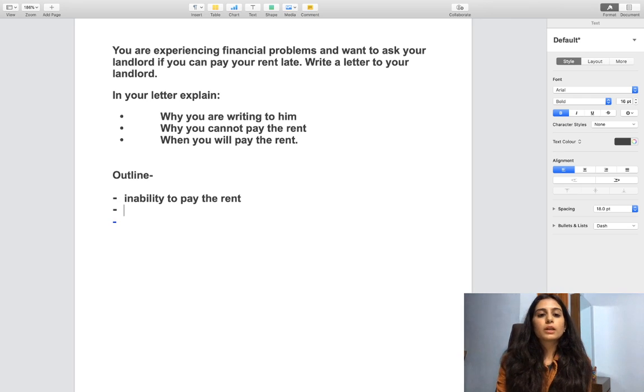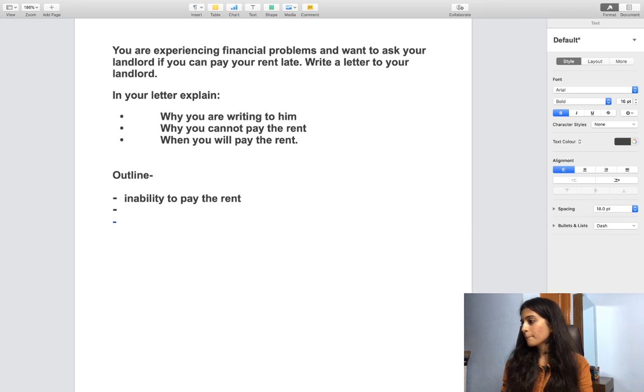All right, so why you cannot pay the rent is the second bullet point. So what's the answer to your why? Why you cannot pay the rent?